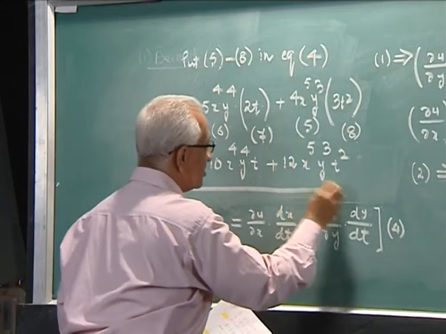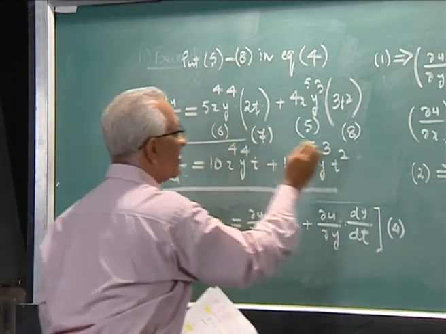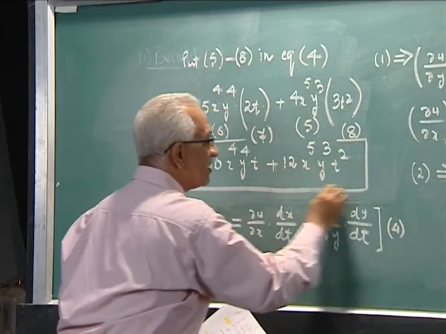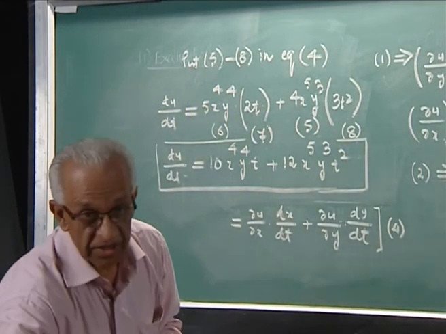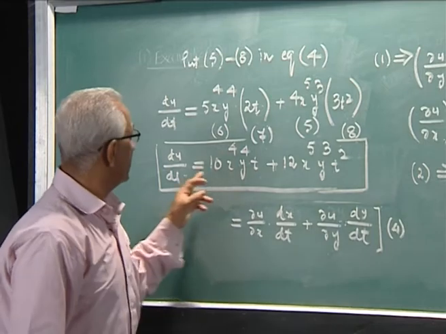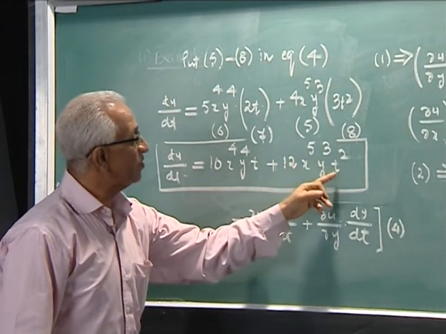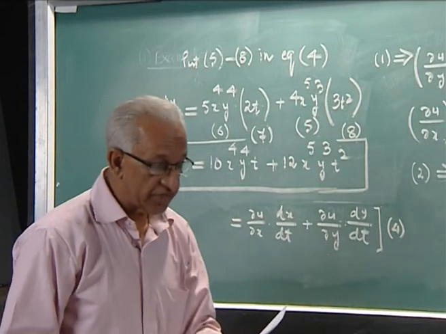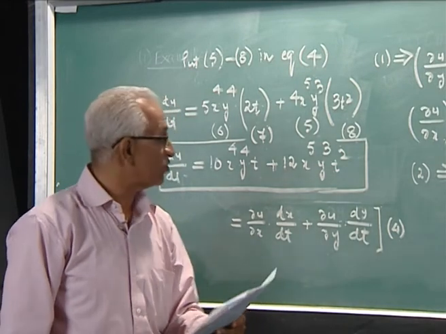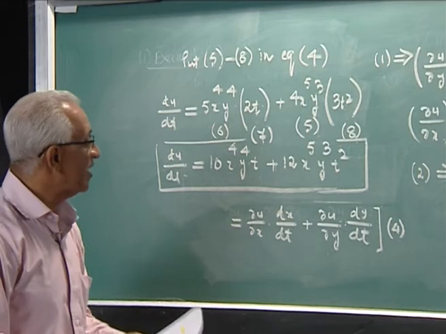The question is asked whether you are to find it in terms of x and y completely, or let this be the answer, meaning thereby that we have x4 y4 and t, and x5 y cube and t square. As it is given to you, x is equal to t square and y is equal to t cube.